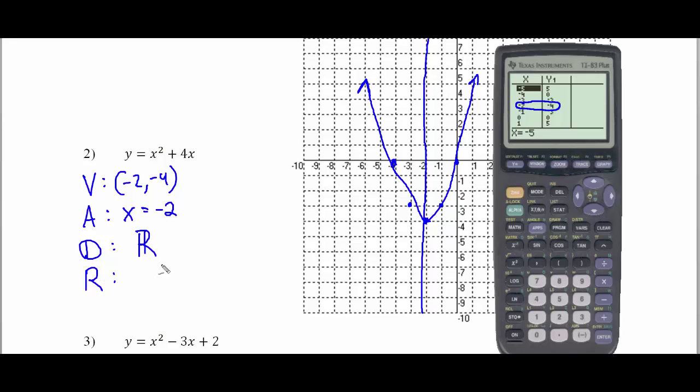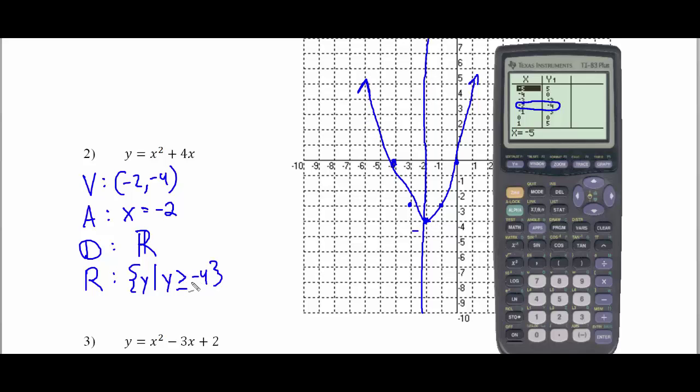Now, the range is going to be basically how tall and low this line will go, and it does go to infinity, but it does hit the floor at -4. So we'll use our little Alfred Hitchcock symbols here, and we're going to say y such that y is going to have to be bigger than or equal to -4. And we can see that in our picture here, because the y values can go anywhere to positive infinity, but it cannot go any lower than this -4.